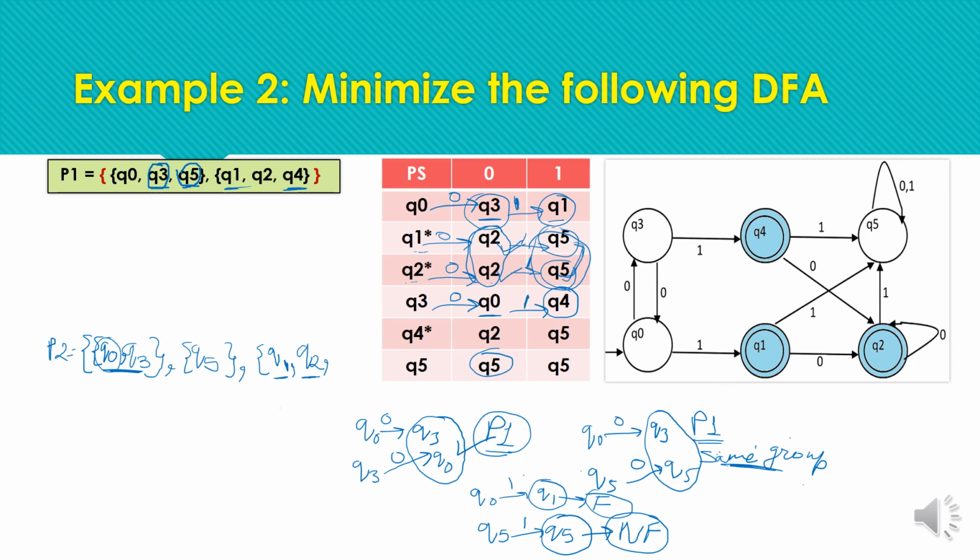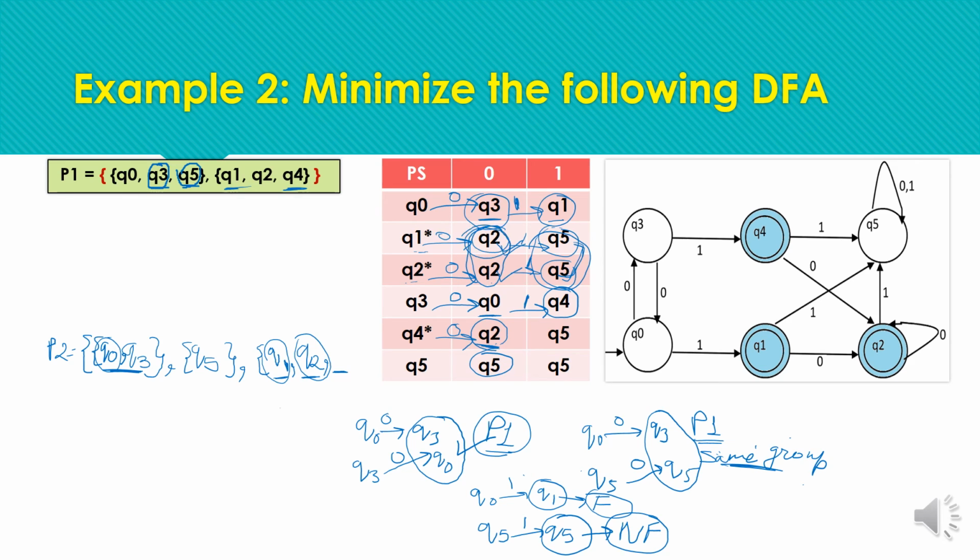Now let's check the compatibility of Q4, whether Q4 can be part of this group or not. Checking Q4 with Q1, you can check with any state, Q1 or Q2, and the result will be the same. From Q4 for input symbol 0 we have a transition to state Q2, and from Q1 we also have a transition to the same state Q2.